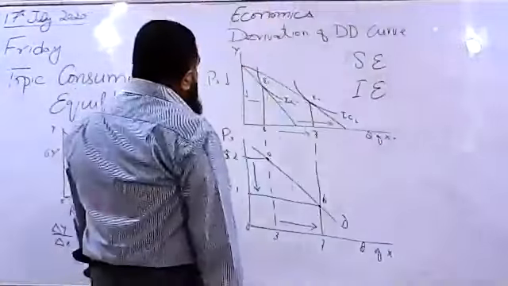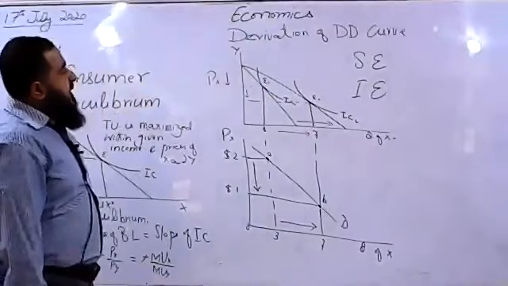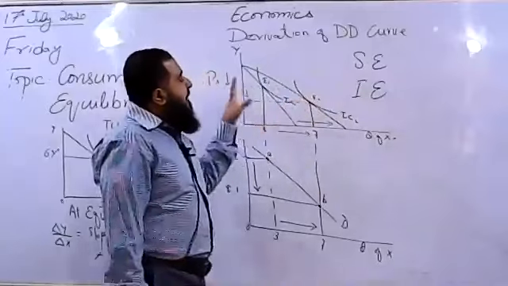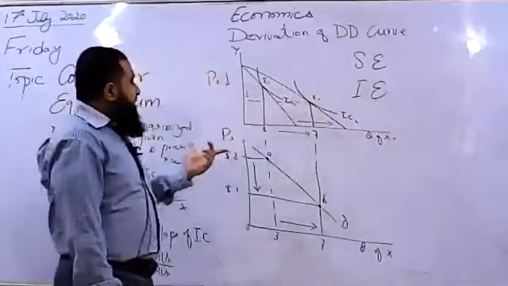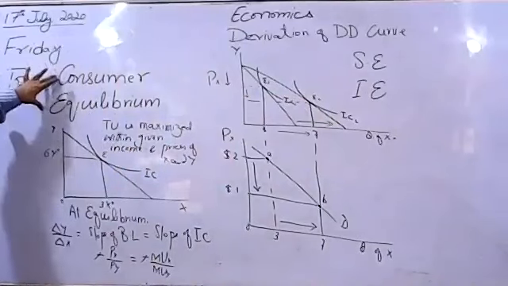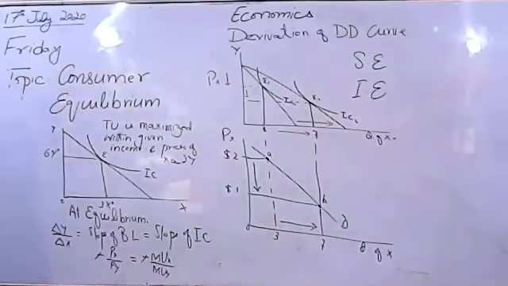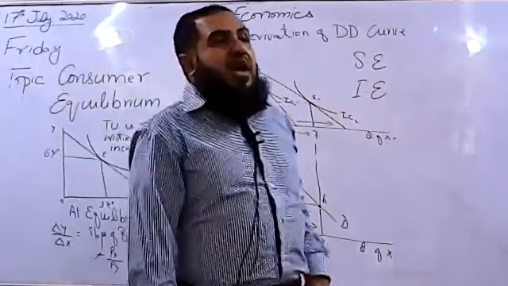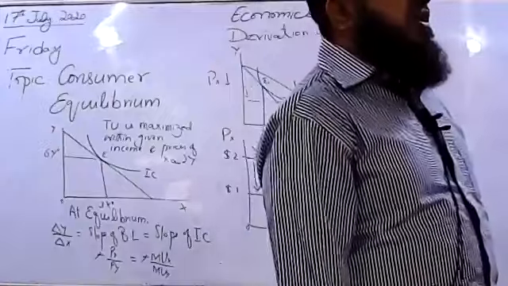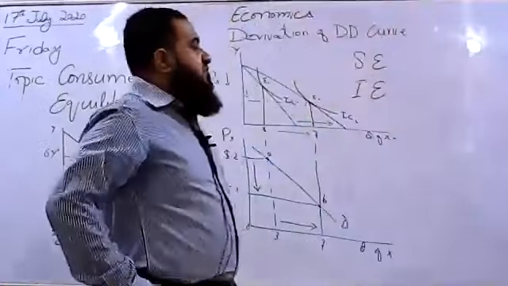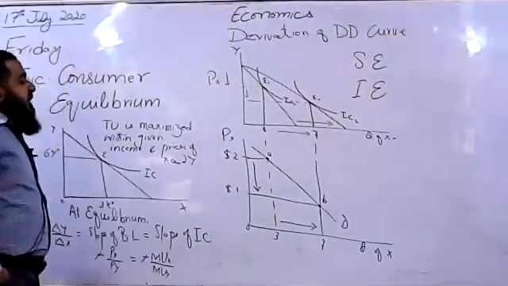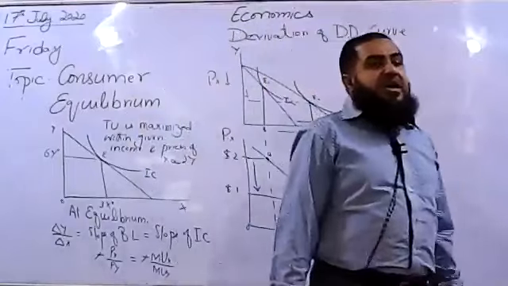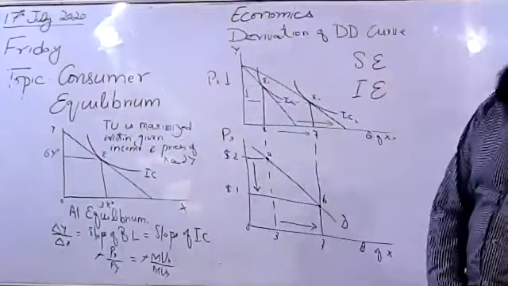Right now I haven't stretched my lesson towards the substitution and income effects, how to show them on this diagram. Right now I gave you the knowledge about consumer equilibrium and how this equilibrium changes due to changes in the nominal income of the consumer, and due to the change in the price of one of the commodities, how the consumer will change his consumption, and at the same time how to derive the demand curve out of this consumer analysis of indifference curve and budget line.